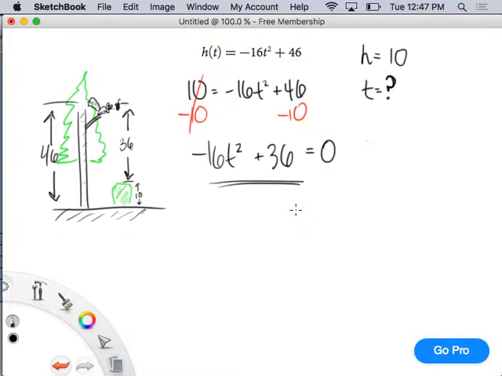Now here's the thing, okay? Not every time am I going to be able to create a table and find the solutions in the table. I was kind of pulling a veil over your eyes and suggesting that that was possible. It's not always possible. Because maybe the values of x, or t in this case, that I plug into the table, into my function, are not correct.